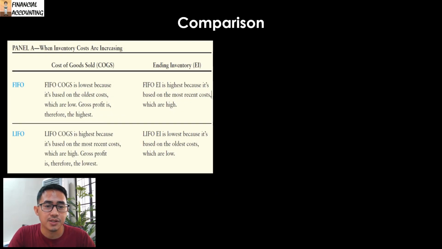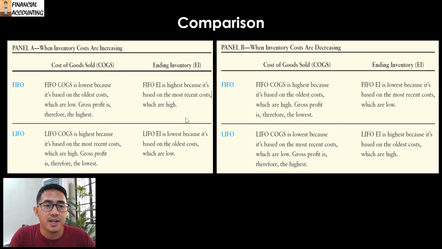Let's continue with the comparison. This is what I discussed a while ago. When inventory costs are increasing, this is your cost of goods sold here and your ending inventory, and these are the effects. Our example belongs to panel A, when inventory costs are increasing.